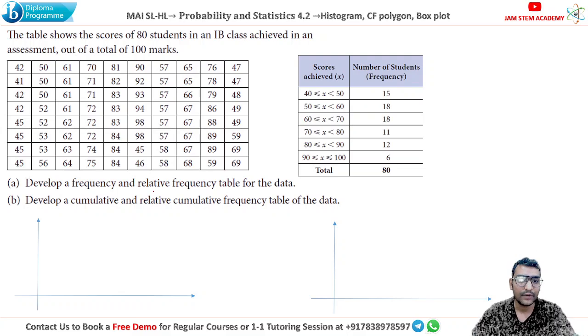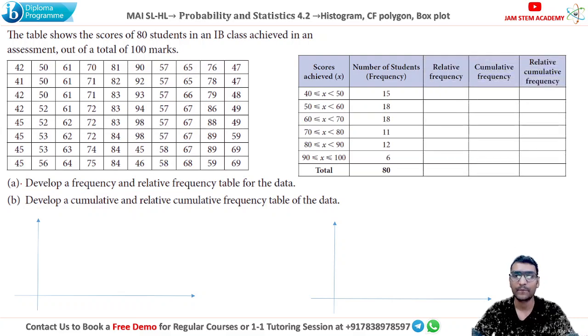Now, let's find the relative frequency and cumulative frequency also. We are done with frequencies. So this is the frequency distribution table. Now, next is relative frequency. For the relative frequency, you have to take the given frequency divided by the total frequency, the sum of all the frequencies.